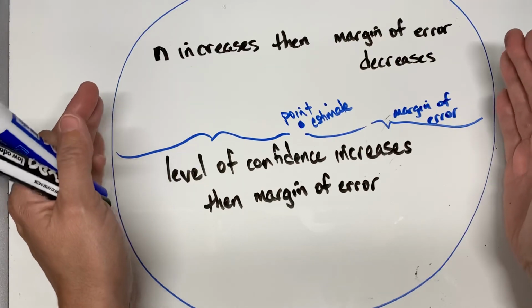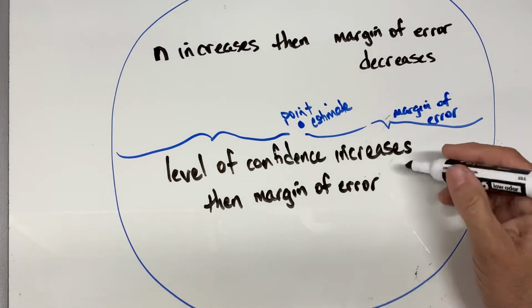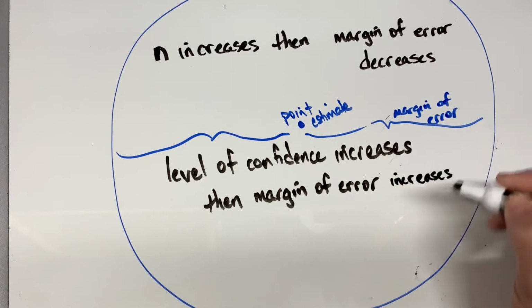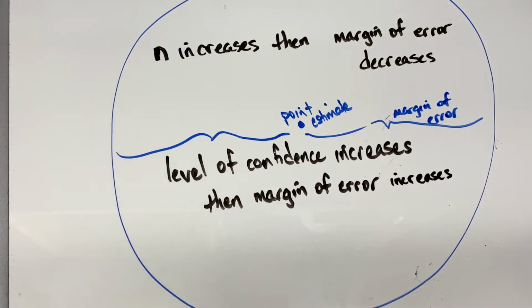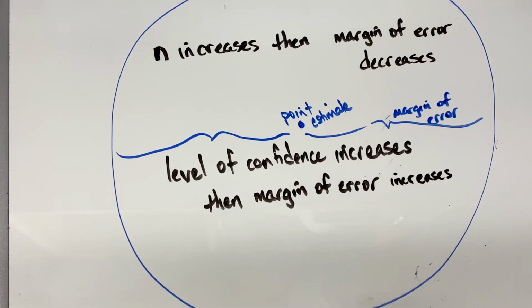I have a lot of confidence that I can hit this target because I have a lot of room for error. So as your confidence increases, it's because the margin of error also increases. And the weird thing is that I think typically we would say this the other way around: as my margin of error increases, my level of confidence increases. But for whatever reason, they often word it backwards. They talk about the level of confidence increasing first, and I think that's what throws people.